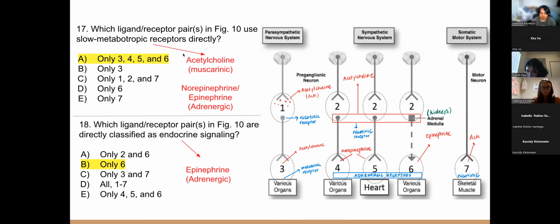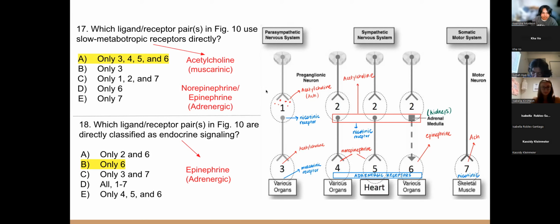You should be familiar with that one chart where it lists all the neurotransmitters. What you should remember is that when acetylcholine binds to muscarinic receptors, it's going to cause a signal transduction pathway, like through the GPCRs, which is an example of a metabotropic effect.